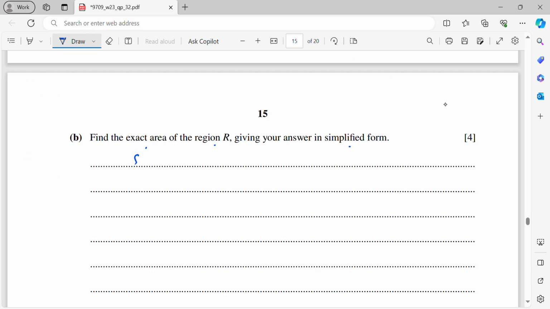Alright, that means either sine x equals to 0 or cos 2x equals to 0. Then again, when the x is between 0 and pi, for the sine graph, I will just draw it here.